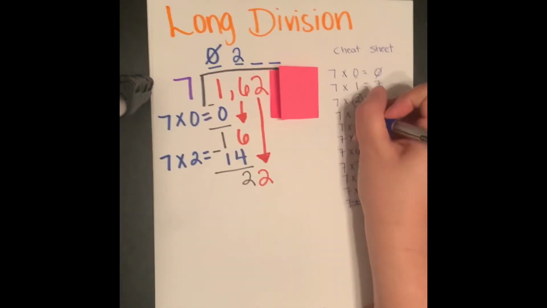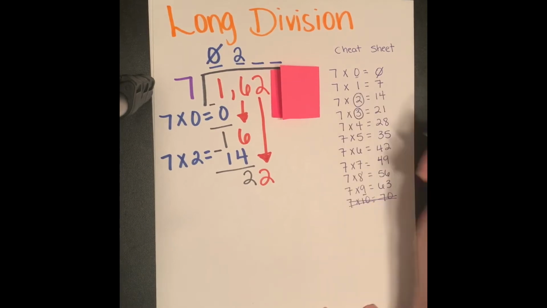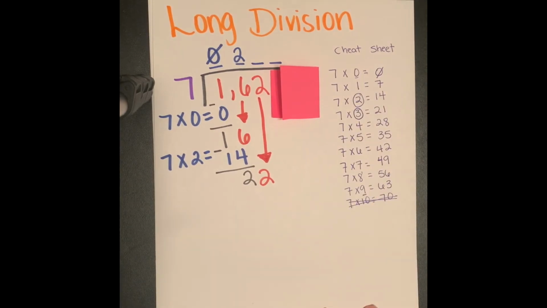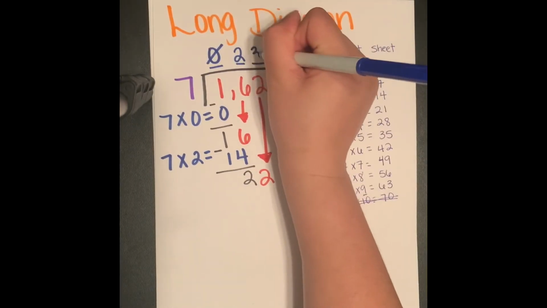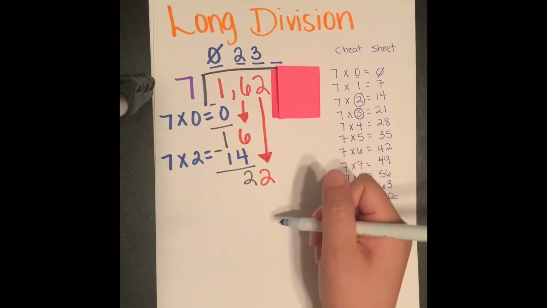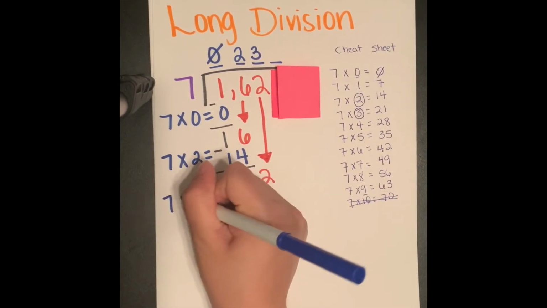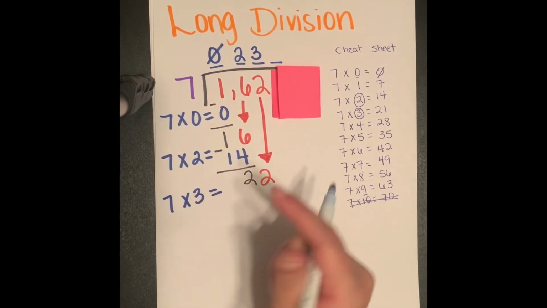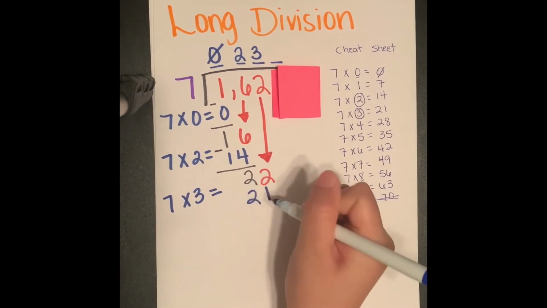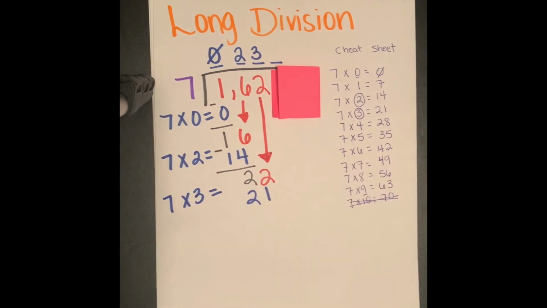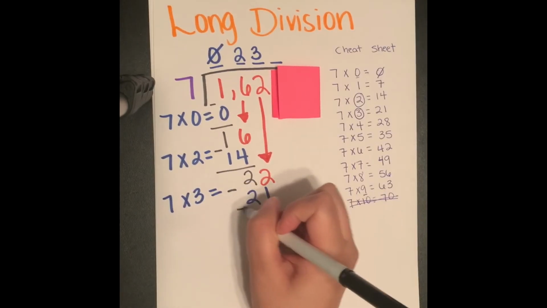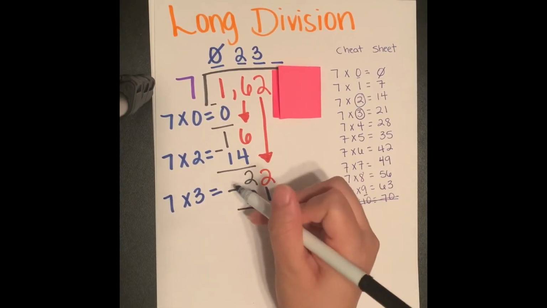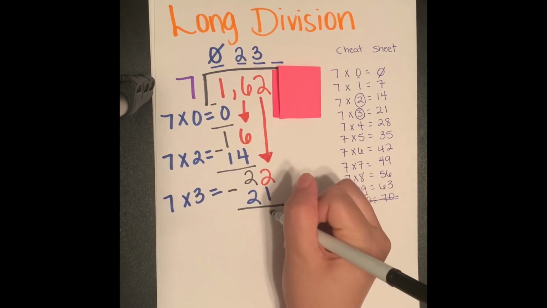So I can easily buy 3 items. I write 3 in my quotient. Then I come over here and I write my math fact. 7 times 3 equals 21. Then I subtract. 22 minus 21 is 1.